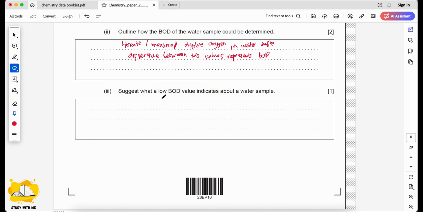So suggest what a low BOD value indicates about a water sample. It means not a lot of microorganisms consume DO. So the answer will be low levels of oxygen-consuming waste, or low water pollution. Okay, because low DO difference means low BOD.